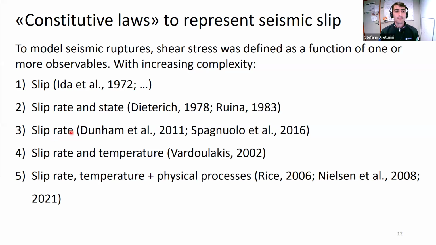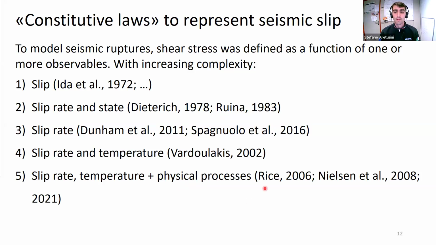Even more recently, there were attempts to add more physical content to these constitutive laws. For example, with empirical laws mainly focused on landslide collapses, in which a dependency of shear stress on temperature and slip rate together was introduced, or the same, but in addition with the consideration of physical processes that occur when a fault accelerates to seismic slip rates and temperature develops by frictional heating.